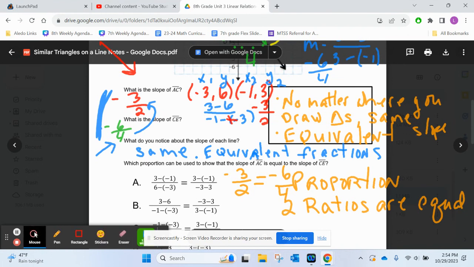And so I want you to look at how we set up the slope with our slope formula for AC and CE. And I want you to look at our answer choices because this is the complicated part.